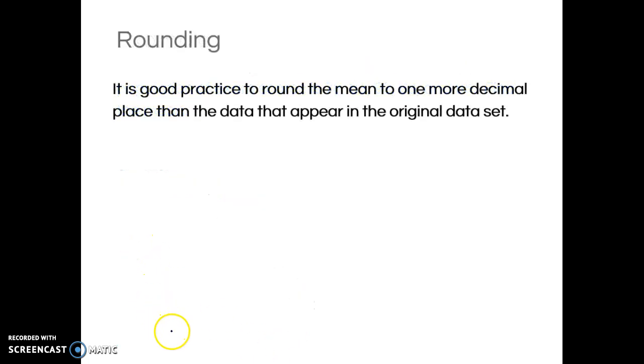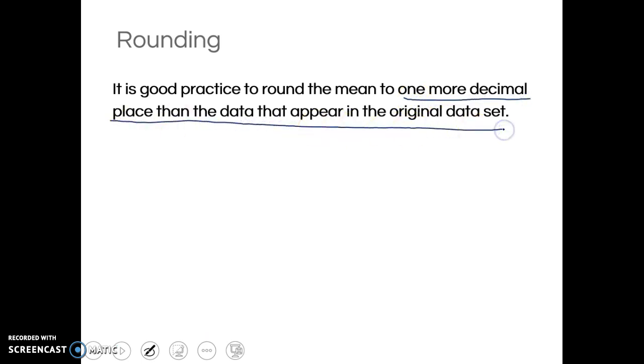Now, rounding, you might be wondering, how far should I round? So for mean, there's a special rule we have, and that's to round one more decimal place than the data that appear in the original data set.